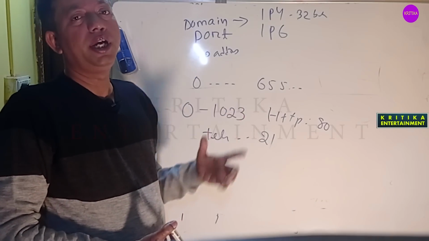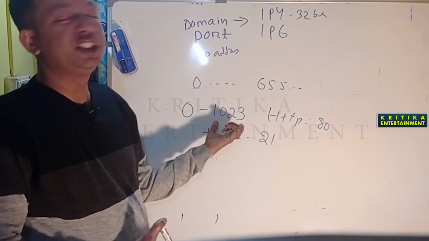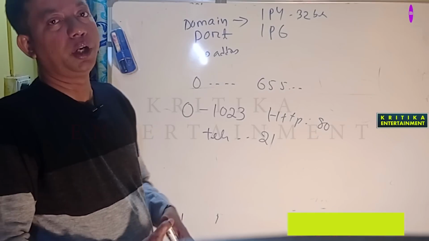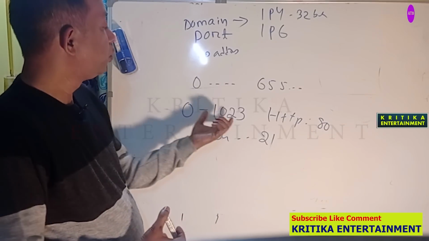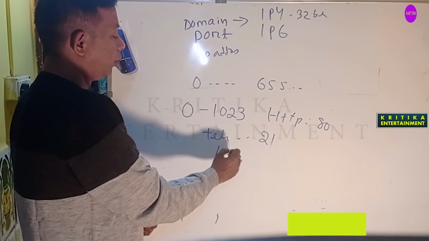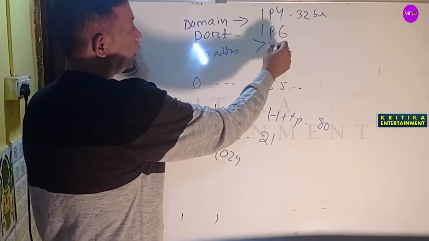These ports are already used by programs, so they are called reserved ports. So you should use ports greater than 1024 for your programs.